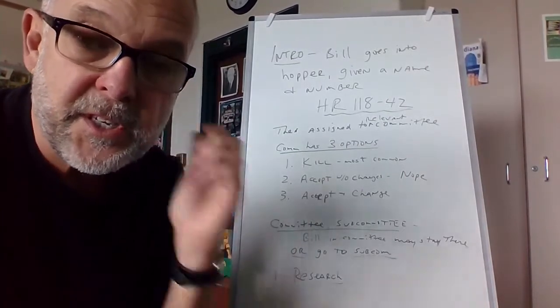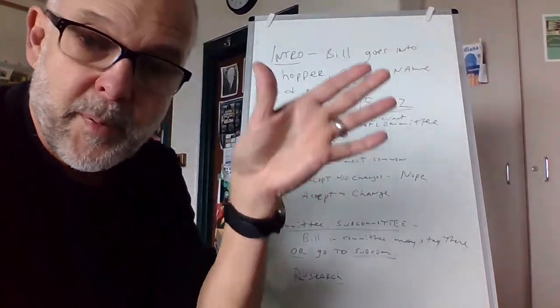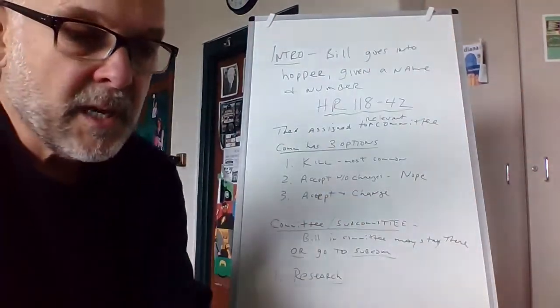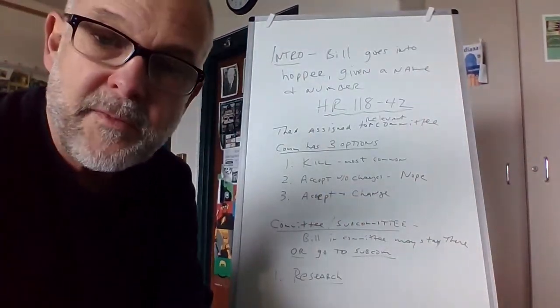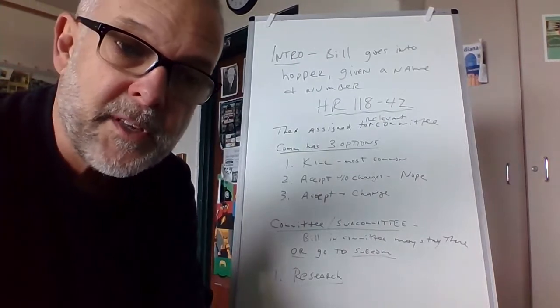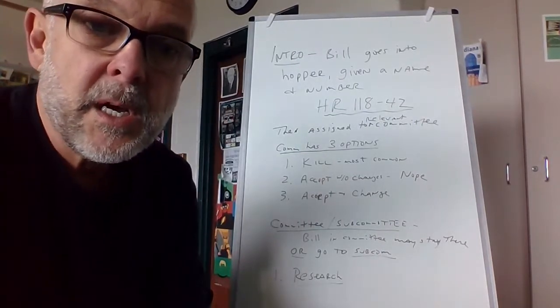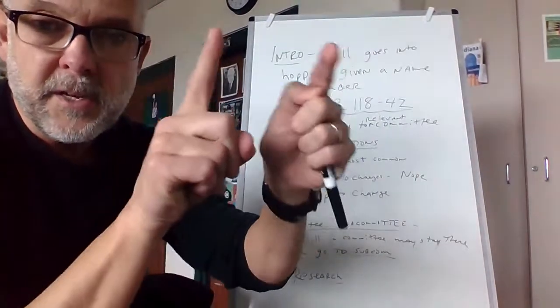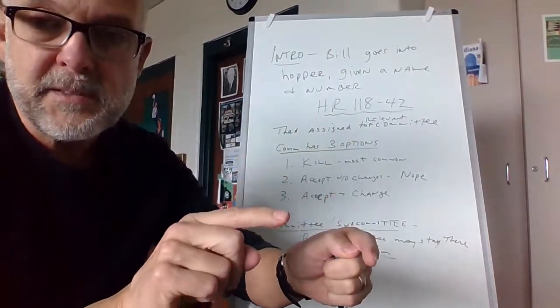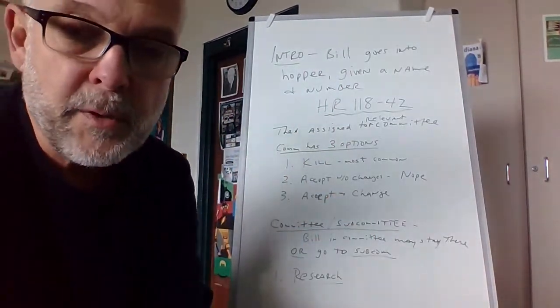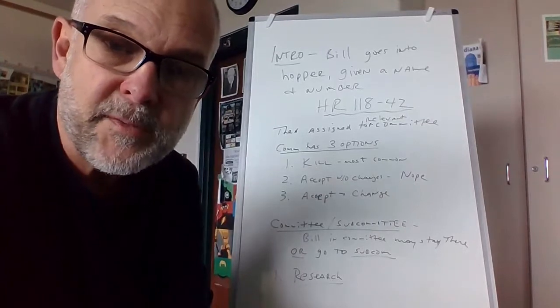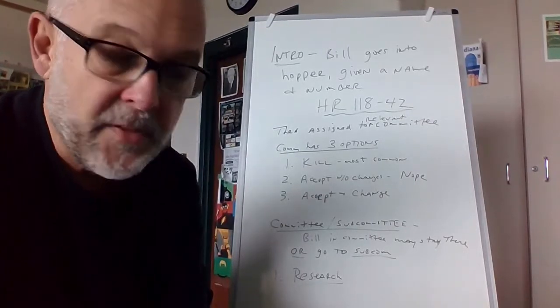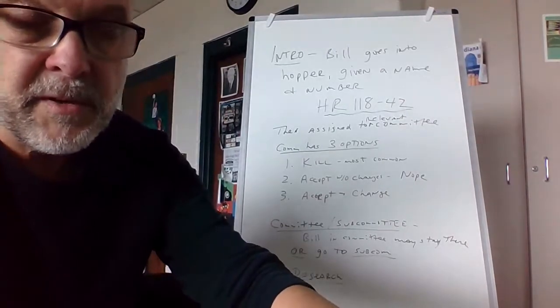If you look at your sheet, where the process is listed, you can go House first, Senate next, Senate first, House next sometimes, or you can go back and forth, depending on how it goes. We're going to do the classic version, House first, then Senate, and then we can adjust as we go with the rest of it.